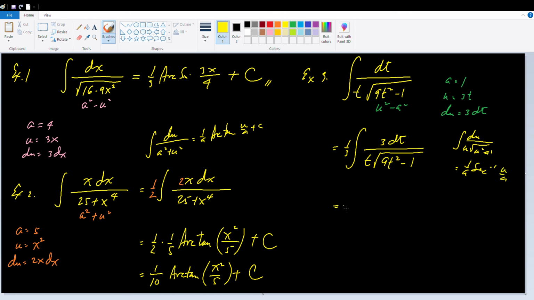So our answer here is 1/3 times 1 over a arcsecant of 3t, that is our u, all over a, or 1/3 arcsecant of 3t plus c.